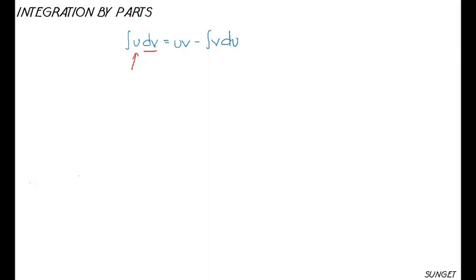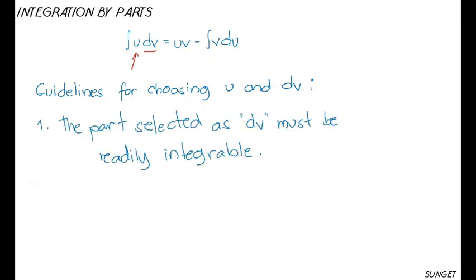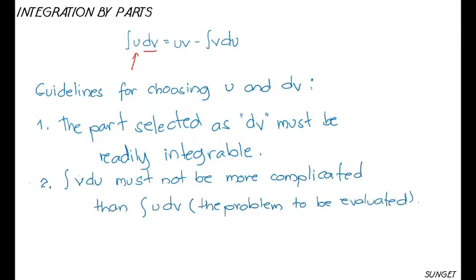The choice of u and dv is subject to trial and error. However, two guidelines can be stated for the appropriate choice of u and dv. So first, the part selected as dv must be readily integrable. Then the second, the integral of v du must not be more complicated than the integral of u dv.